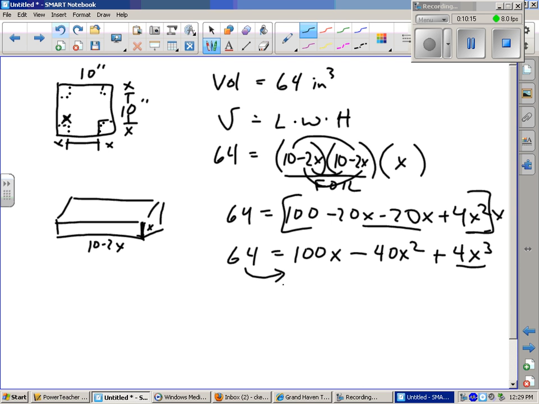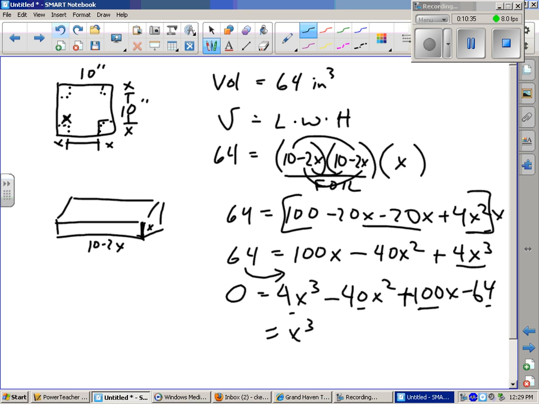I'm going to start with 4x cubed minus 40x squared plus 100x and then minus 64. Now I noticed that they all are divisible by 4, so I want to do that before I start. It'll make the math a lot easier. So x cubed minus 10x squared plus 25x minus 16.